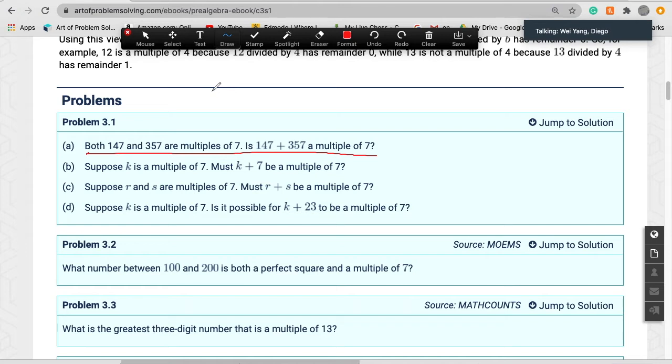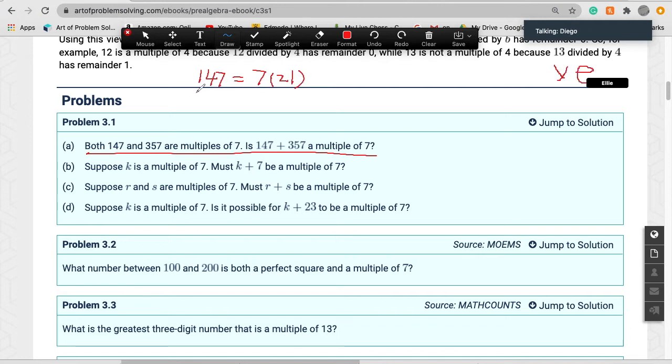But to prove this, you can do it this way. We can write 147 equals 7 times 21. This tells us 147 is a multiple of 7.